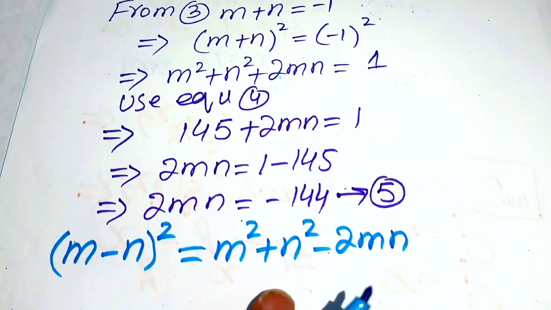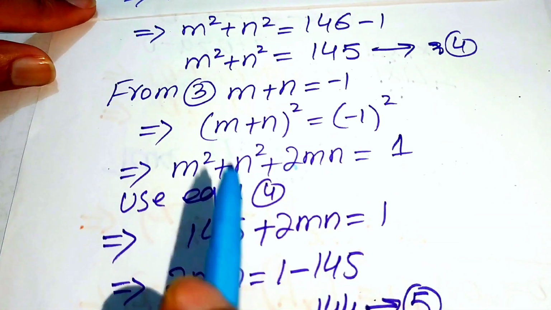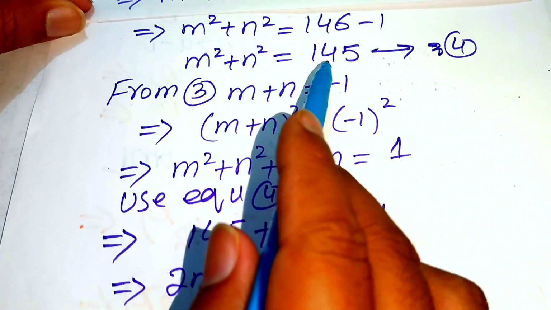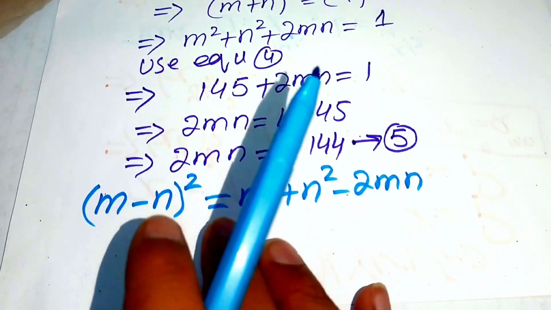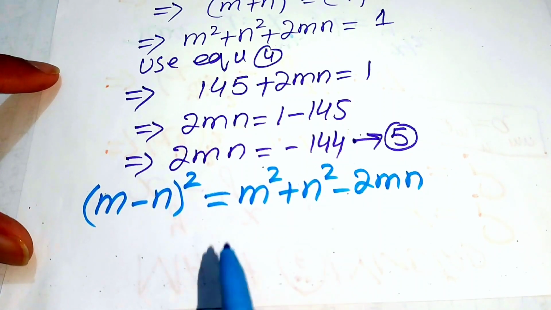From equation number 4 we have m squared plus n squared is 145, and from equation number 5 we have 2 times mn is minus 144.